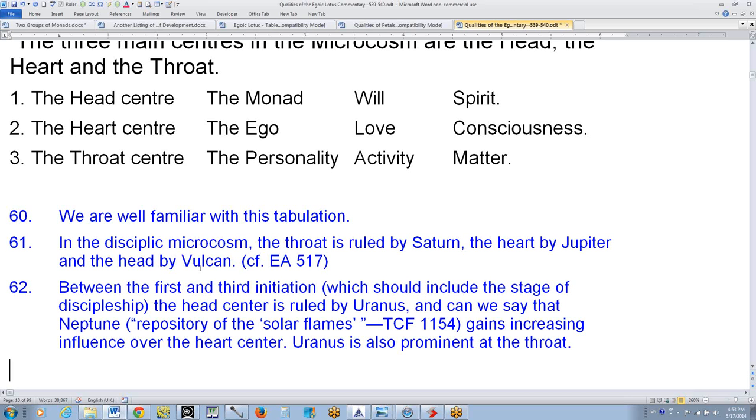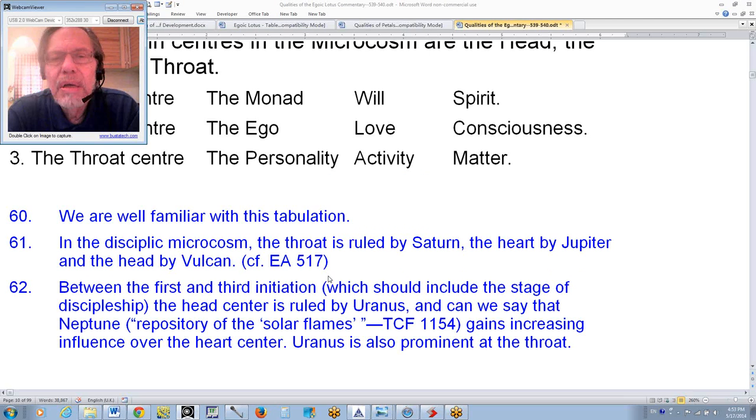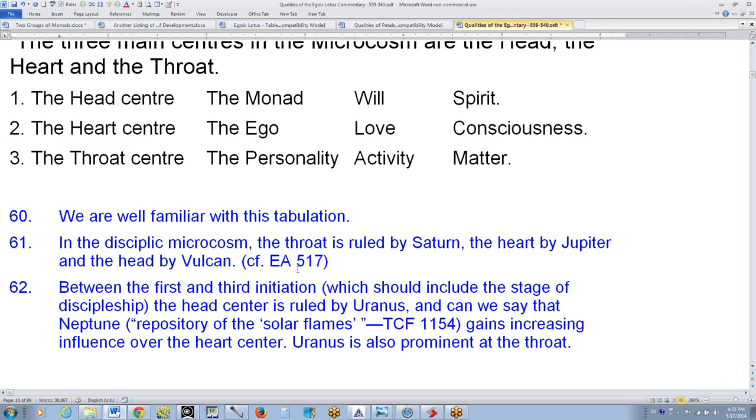So even though, on page 517, we have planets that are not synthesizing planets ruling the head and the heart, in a higher way, the synthesizing planets, which are the monadic 1, 2, and 3, do find their way back in to rule man's microcosmic 1, 2, and 3, his head, heart, and throat center.